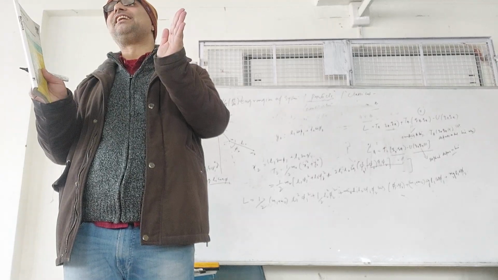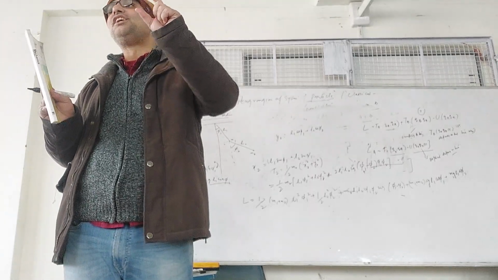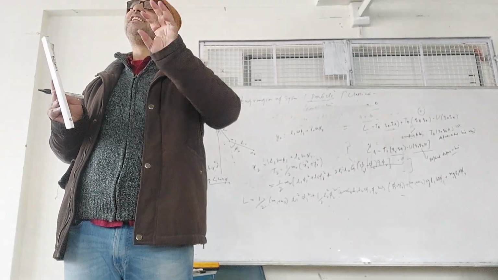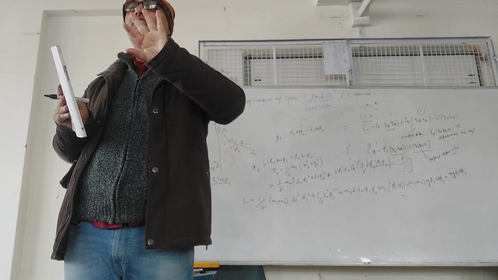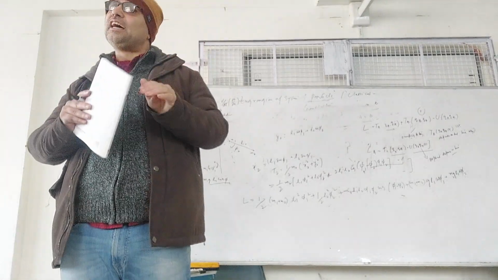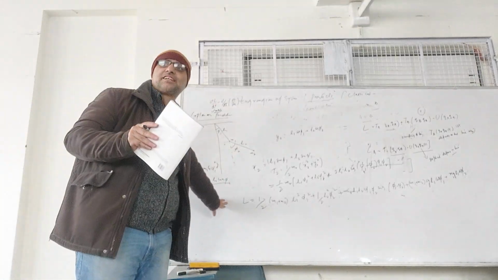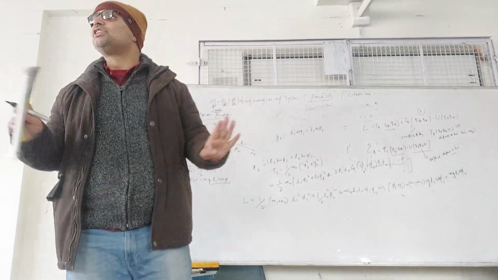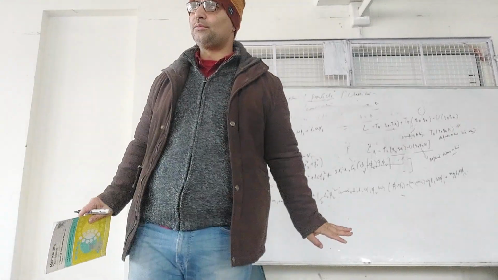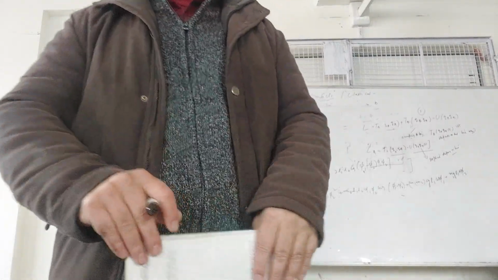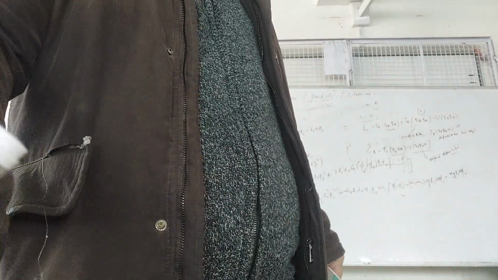You have to set the Lagrangian. Then see what are the ignorable coordinates. Whether the system is holonomic or nonholonomic, जो भी है. Then find the equation of Lagrange. So this is the general view.